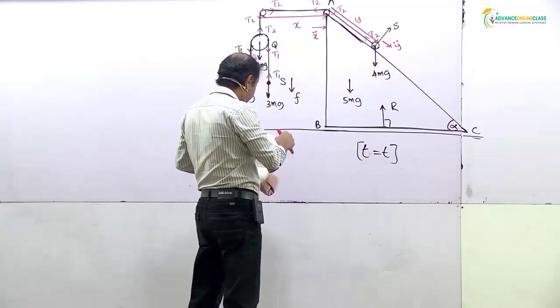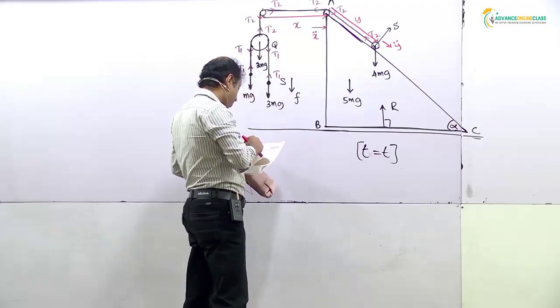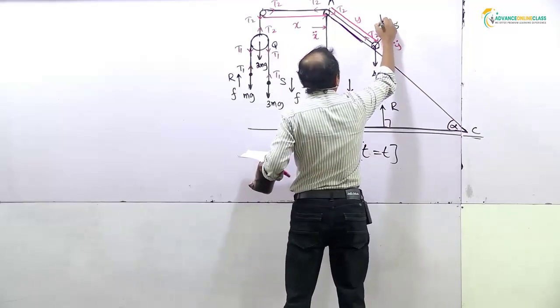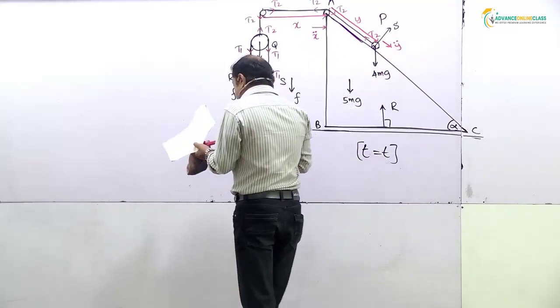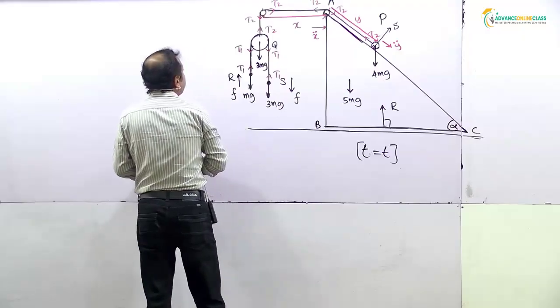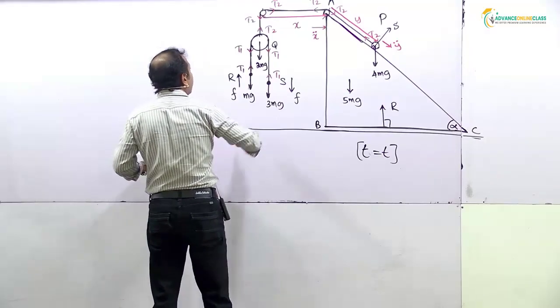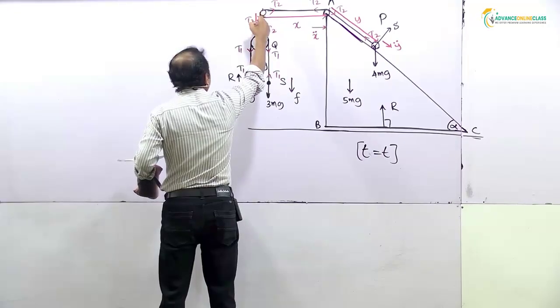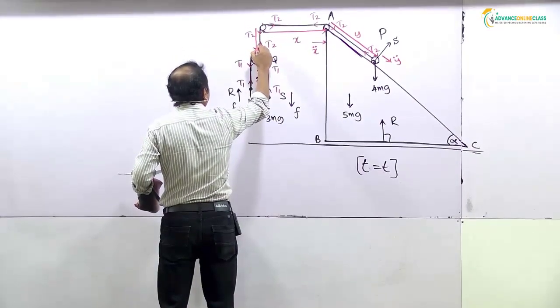Okay, this particle is P. And also, we can measure the distance, this. Let us take this distance as z.